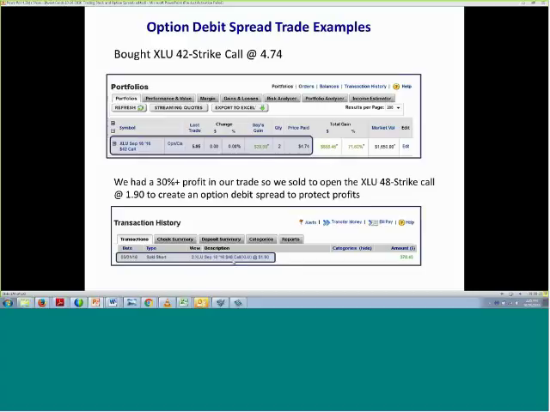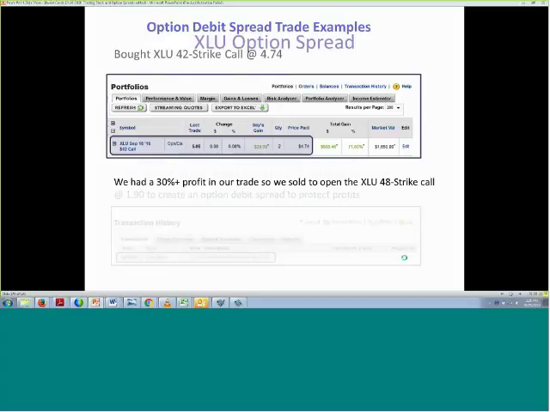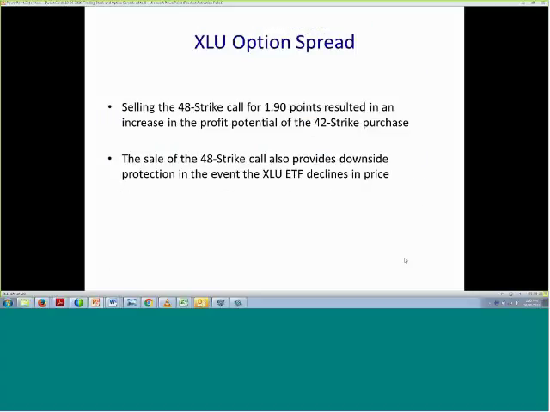So we sold the 48 strike call at $190, and when we sold that at $190, then $370 in cash income went into our account. And selling the 48 strike call at $190 actually increased the profit potential of our 42 strike call purchase.